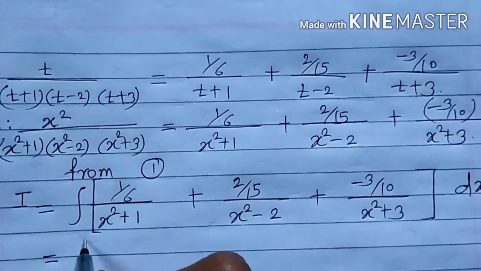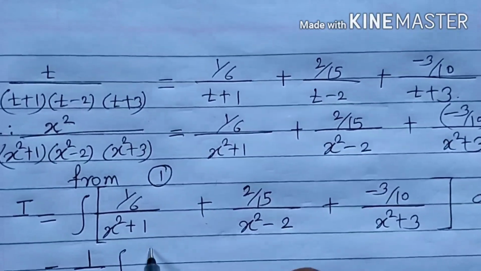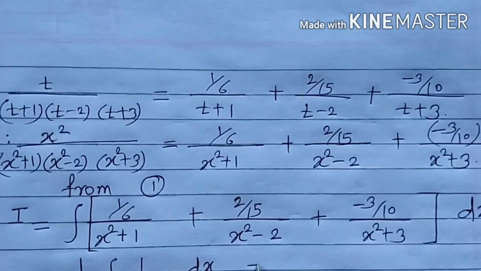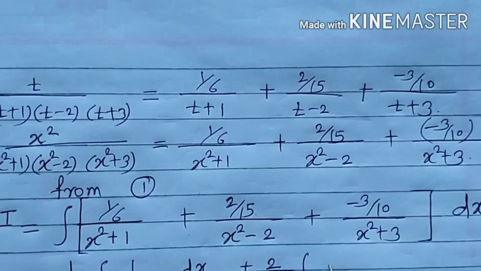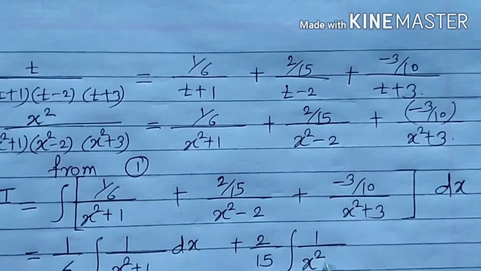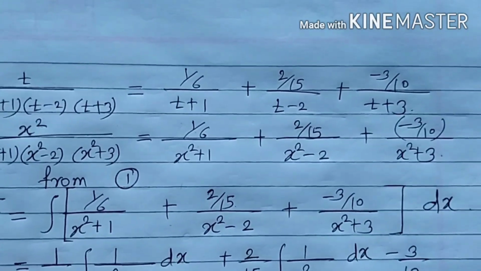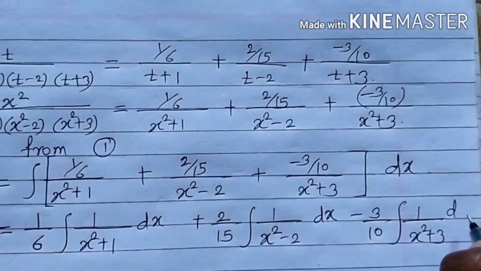Now you can split integration on summation. So it is like that, 1 by 6 is the constant, take outside of integration, x square plus 1 dx. Here also 2 upon 15 is constant, take outside of integration. So this is integration of x square minus 2 dx. Here also minus 3 upon 10 into integration of x square plus 3 dx.